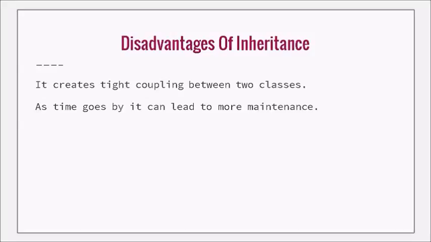Another problem is, as time goes by, it can lead to more maintenance work. How it happens is, for example, let's say you have multiple layers of classes or many subclasses which are extending a particular common class, and if any new variable is introduced in the parent class, it can be seen in all the child classes, although some of them may not even need to know about that common variable or common method.